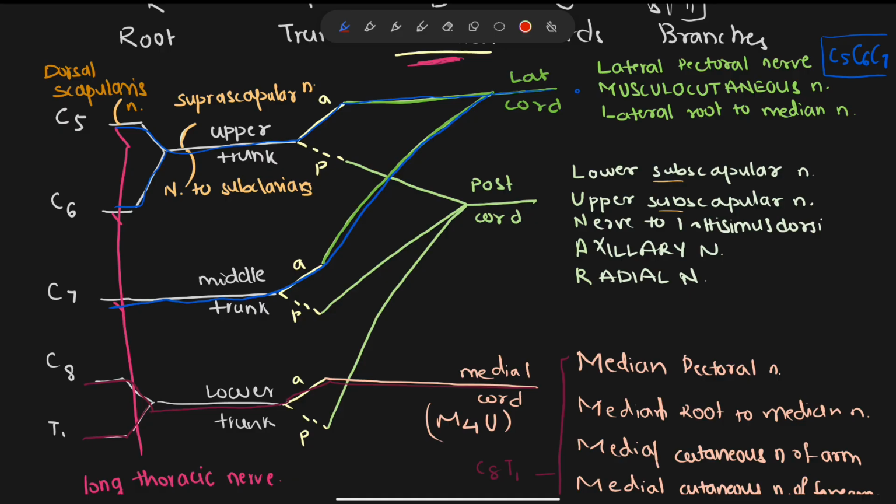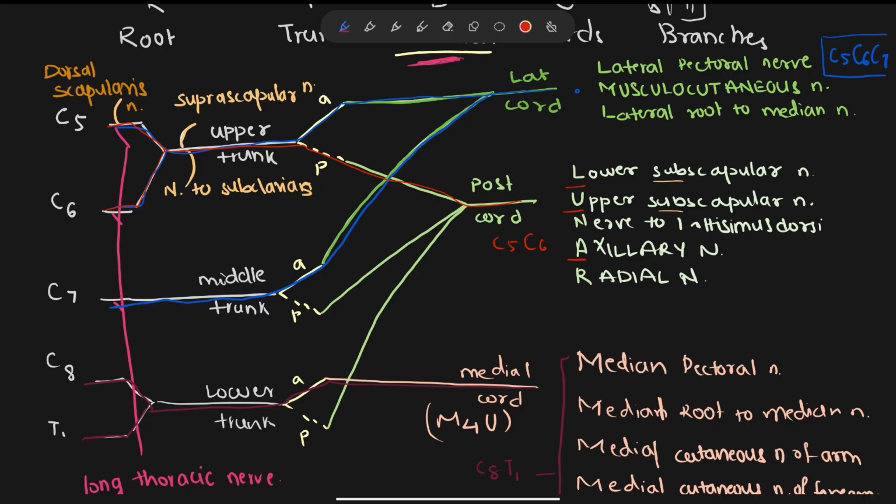So here the L, U and A nerves, L, U, A, are coming from C5 and C6. Okay. L, U, and A, they are coming from C5 and C6 only.